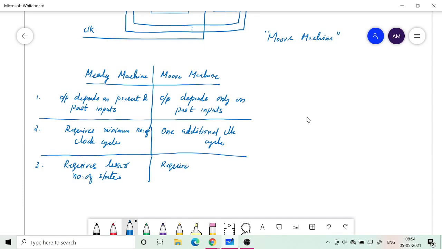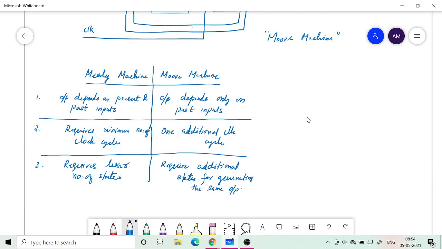the Moore machine requires additional states, and because of that, one additional clock for generating the same output.